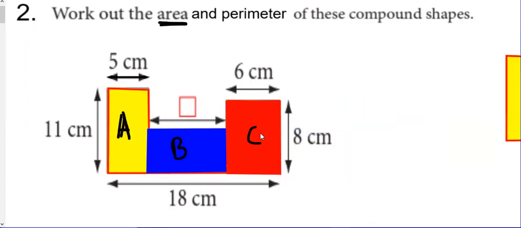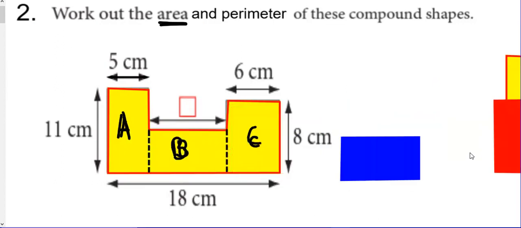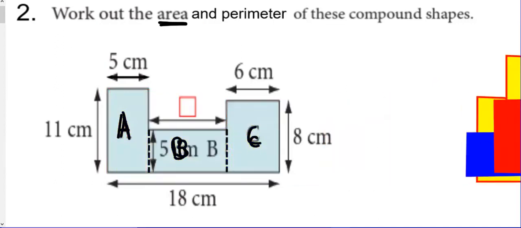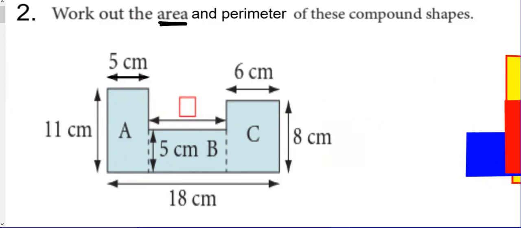Let me remove everything, because the shape was like this. Okay, this is the shape which we had. If you check this shape clearly, it is already divided, so you are lucky.